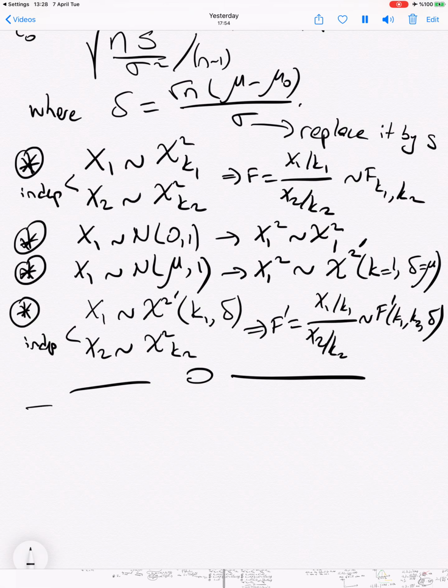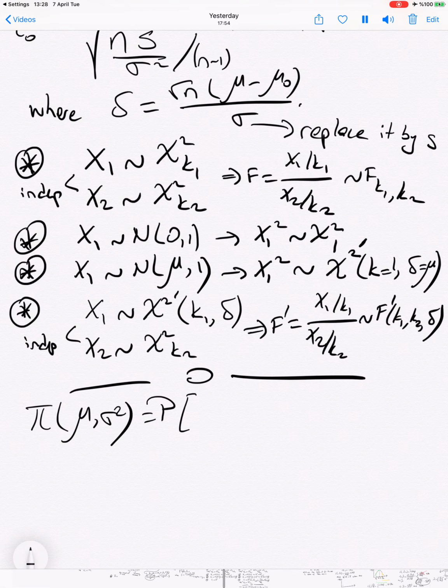Okay, so using this information, we can define our power function. Given mu and sigma square, our T0 is distributed as non-central T with n minus 1 degrees of freedom and non-centrality delta. We will give the delta later.